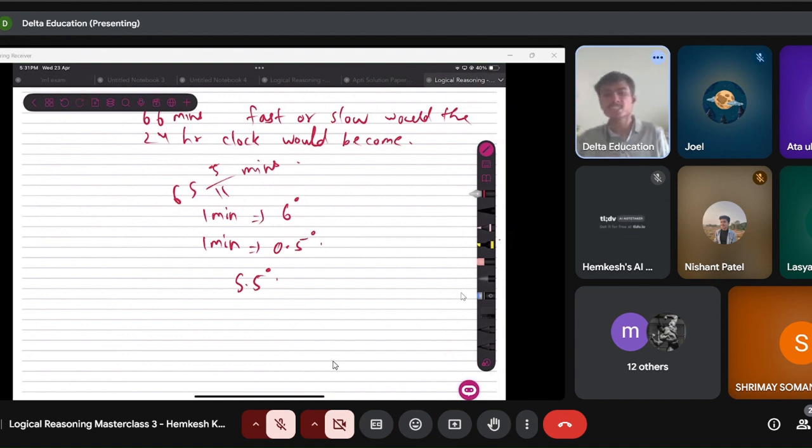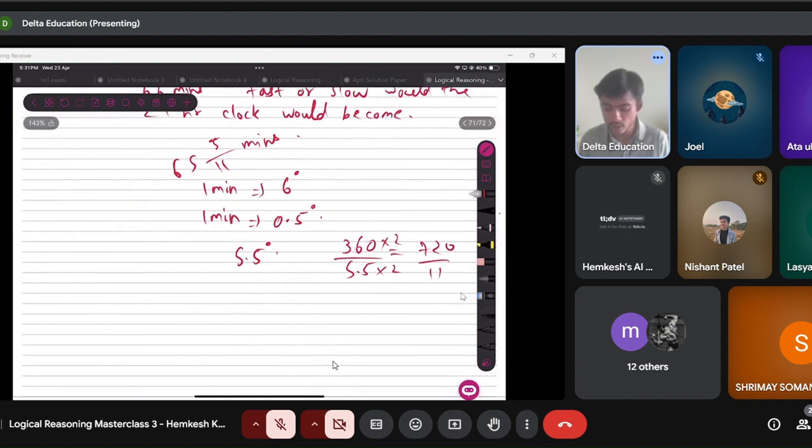Now they would meet when the hour hand completes the whole 360 degrees, and the minute hand would be much way ahead of it. So if we want to find this, we could do it simply this way. Now if we multiply both by 2 just for easy calculations, this is 720 upon 11, and if we solve this we could easily find this is equal to 65 5 upon 11.